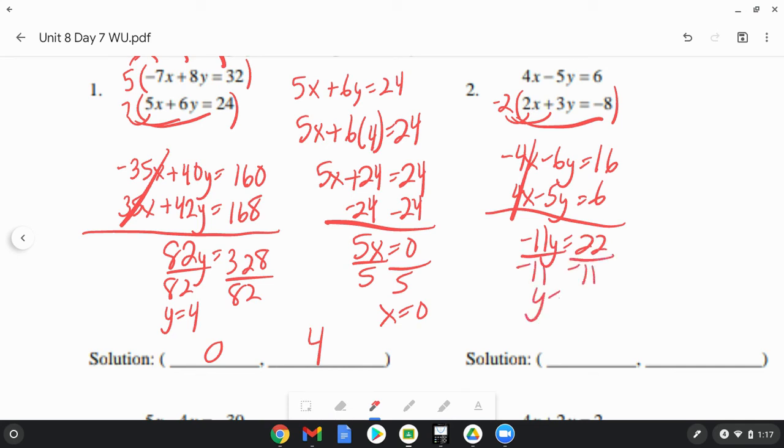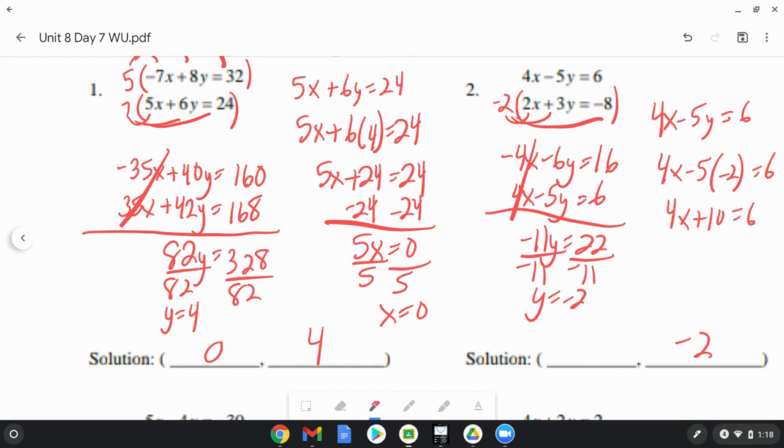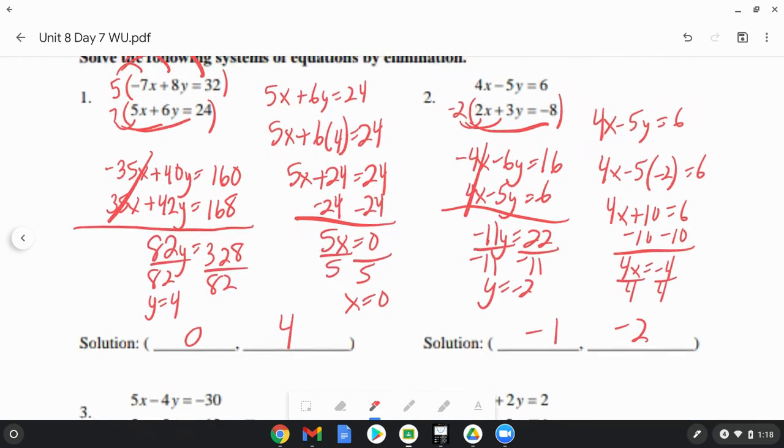And I have y equals -2. A little ugly again with the 2. And then I plug that back in. I'll plug it into the top. It doesn't matter which one you choose. So now I get 4x plus 10 equals 6. Subtract 10, I get 4x equals -4. So in the end, I get x equals -1, it looks like. So that'd be your answer for the second one.